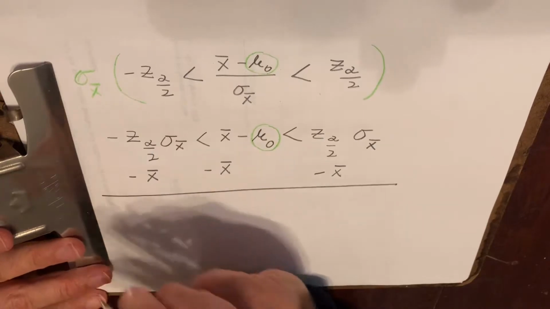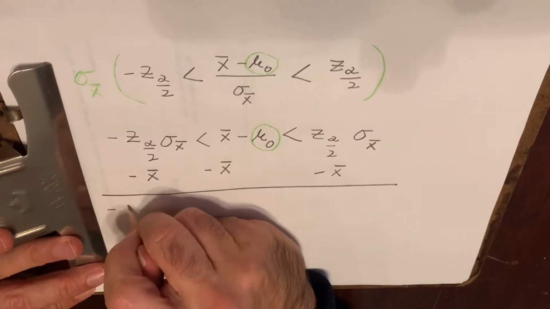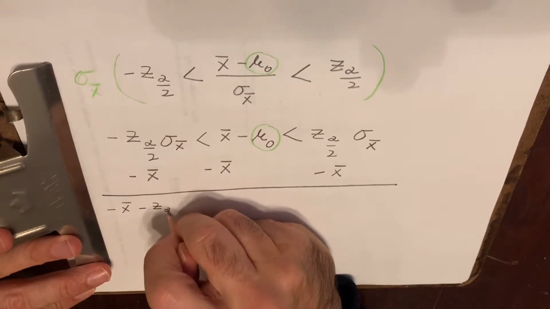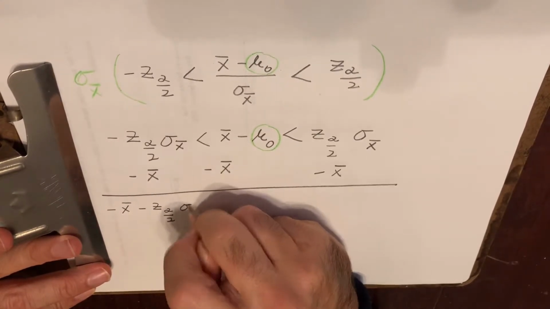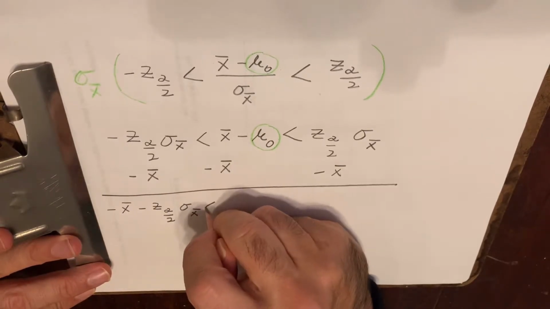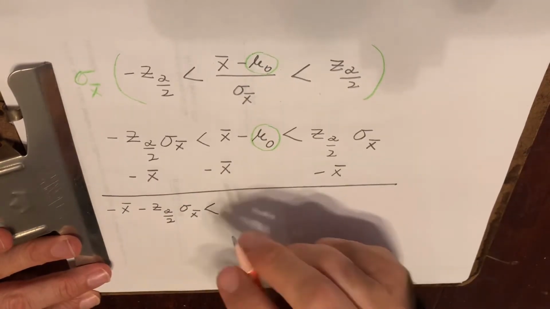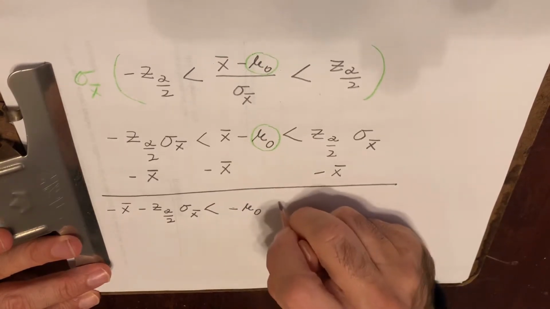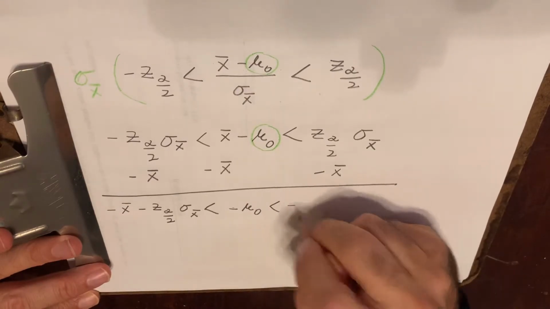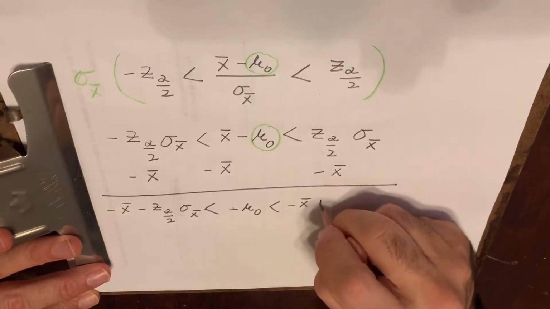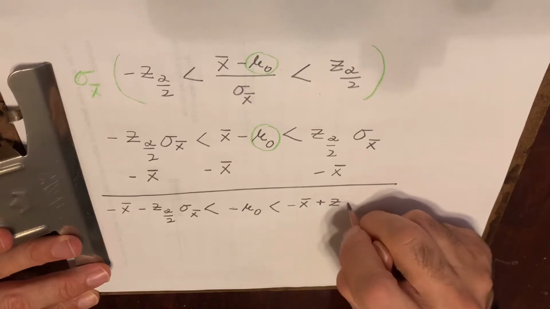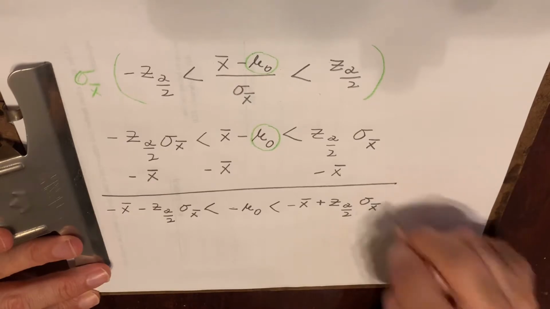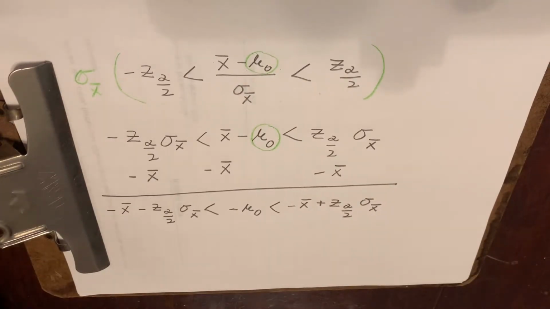So here what we have is negative X bar minus Z sub alpha over 2 sigma sub X bar is less than negative mu naught is less than negative X bar plus Z sub alpha over 2 sigma sub X bar. We are close, close, close.